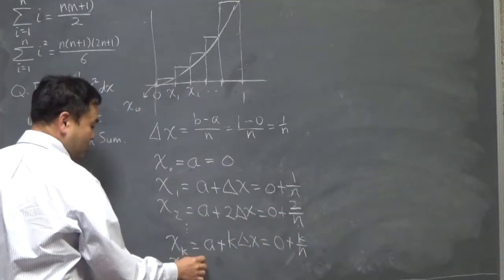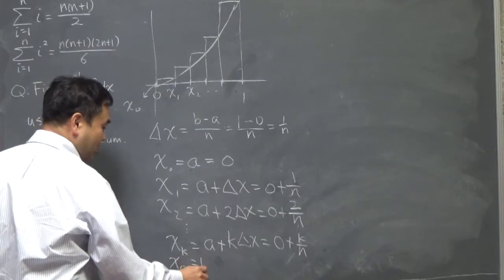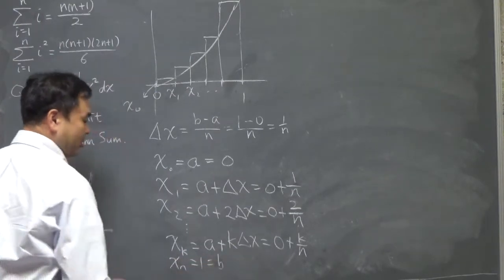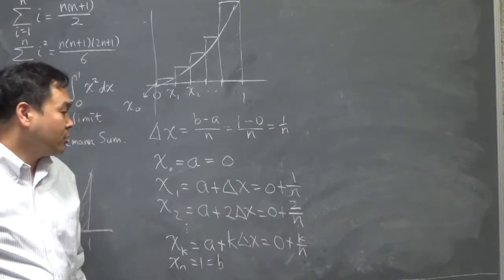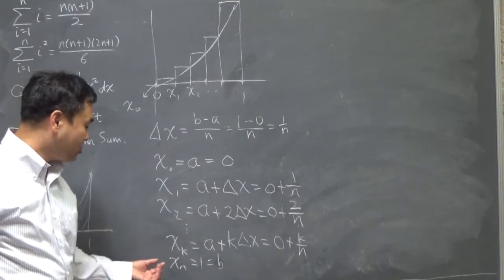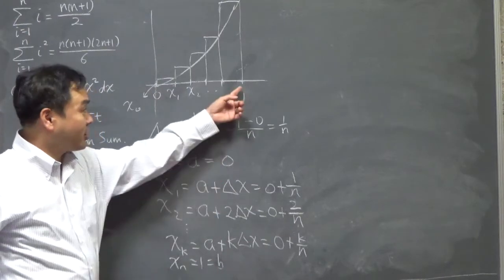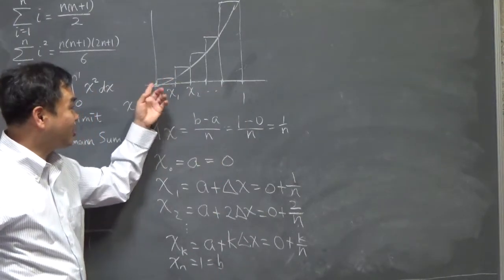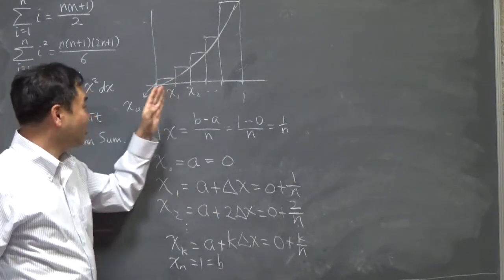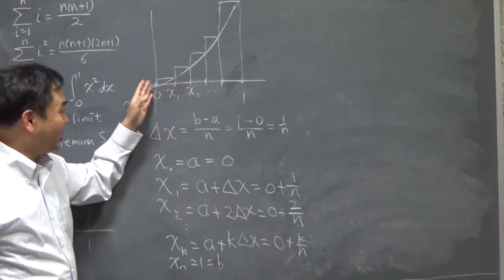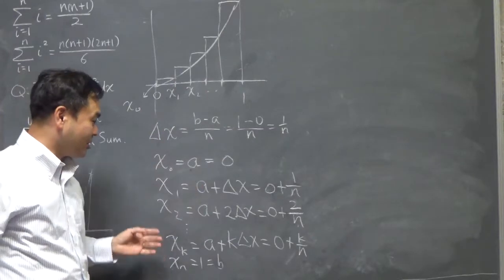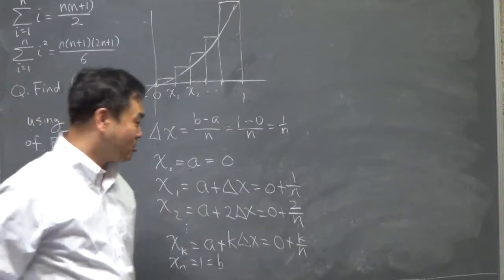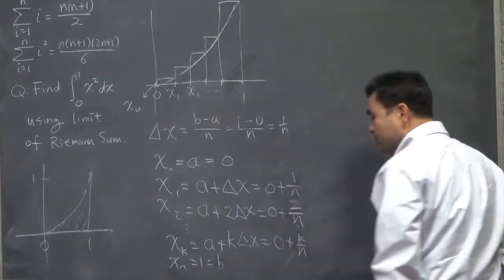So x of n will eventually be just 1, which will be b in our case. So whenever you do these calculations, make sure that xn arrives at the other end. Think of this as walking in a park where you enter through gate A and you leave through gate B. Every step size is delta x, and that's how you get to the other side.